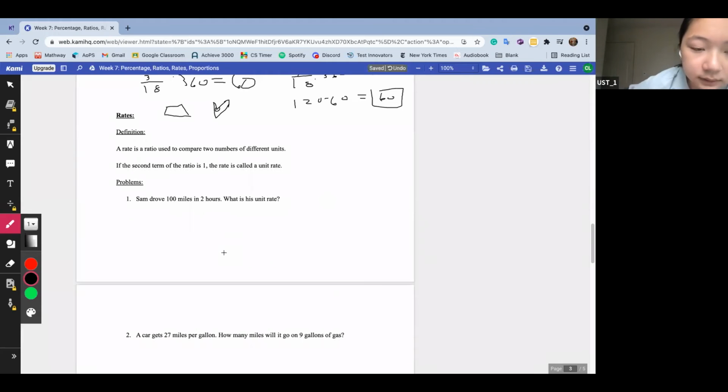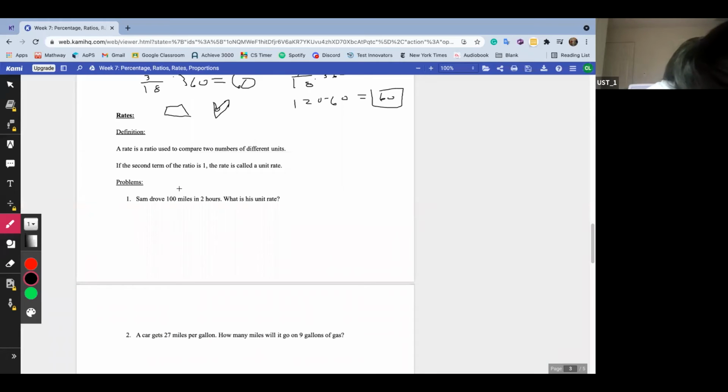Okay, now we're going to go over rates. A rate is a ratio used to compare two numbers of different units. If the second term of the ratio is 1, the rate is called a unit rate. So here, one example, 100 miles in 2 hours.